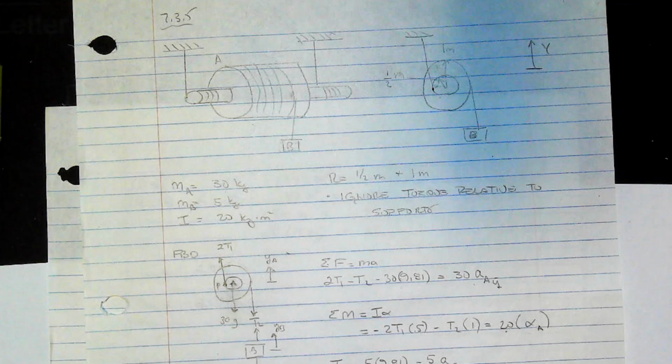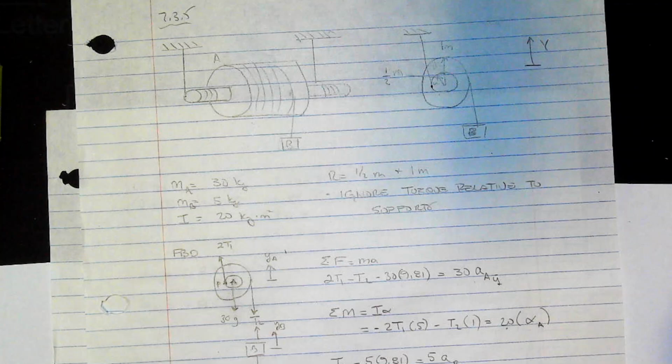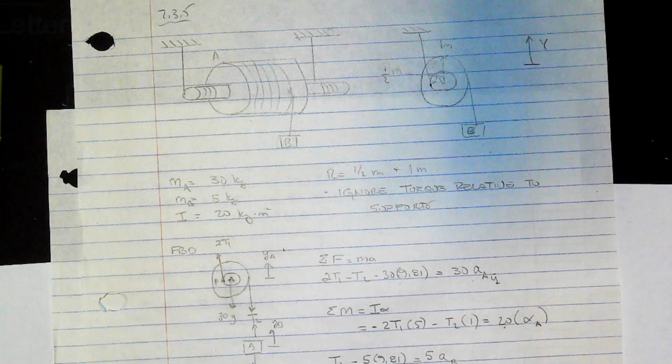So minus T2, tension 2, times 1 meter. And we're left then with the mass moment of inertia, 20, times alpha A, which we don't know. So we've just added one more unknown here, and we didn't gain any traction in that.